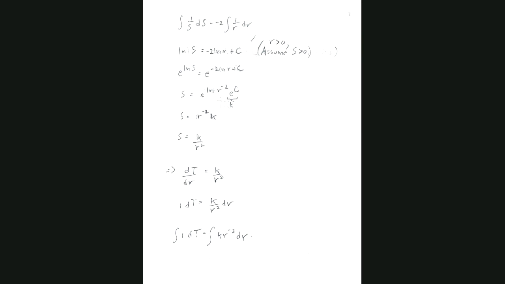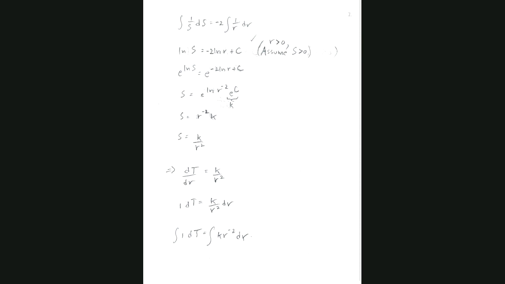In the context of the application, s is the rate of change of temperature with respect to the radius, and that rate of change is going to be positive. In other words, the temperature function should be increasing with r.